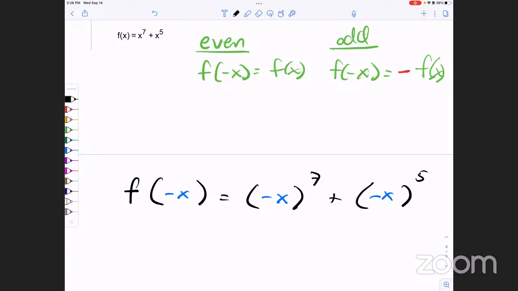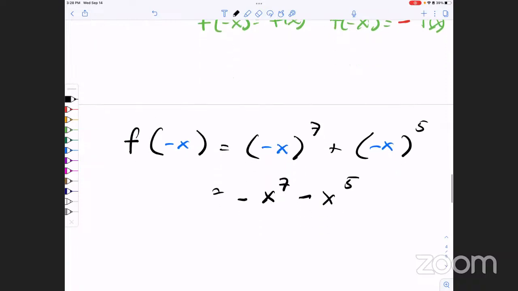If we do this, the first term has an odd number of negatives, so that one's going to stay negative. Same argument for the second term. And that needs to be a 5. Is this the original?